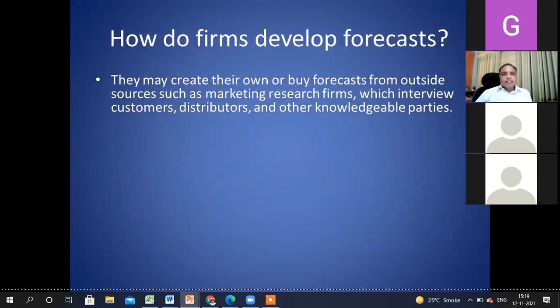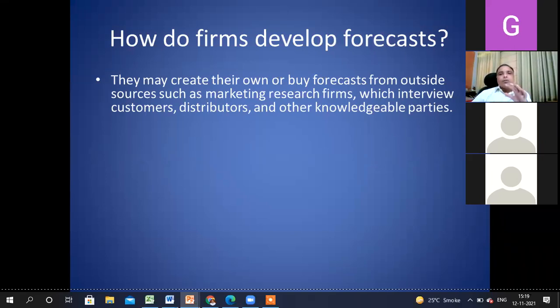Before that, let us see how to develop that forecast. We may create our own or buy a forecast from outside. Sometimes organizations have their own department, like marketing analytics or a forecasting department.